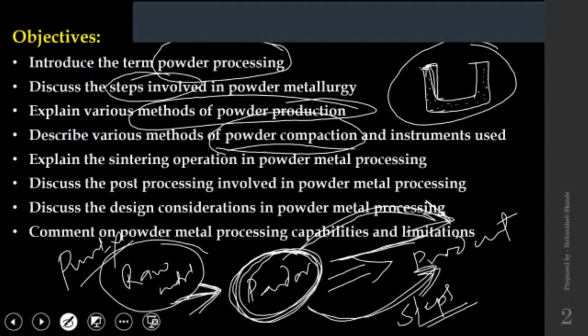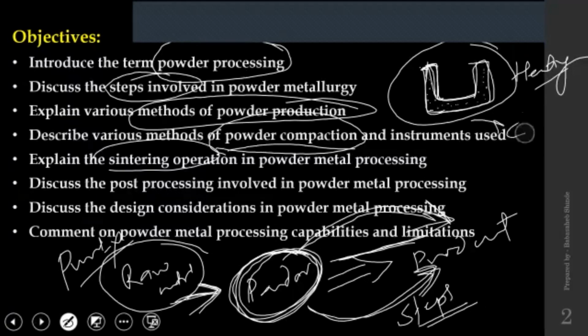Okay, and once you are done with that powder compaction, the next step is going to be the sintering operation, that is heating this raw shape to some elevated temperature. That temperature range could depend on the metal that you are using as a raw material or the characteristics of the product. Depending upon that, this heating temperature will be decided.